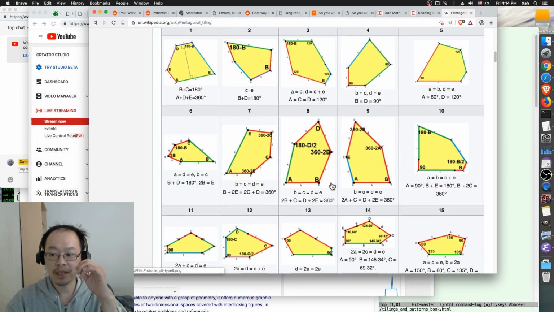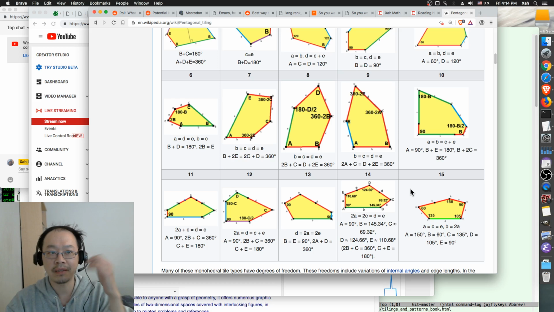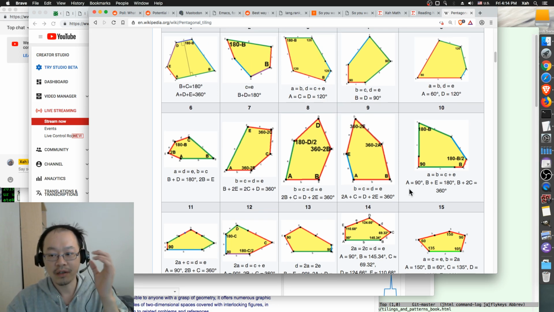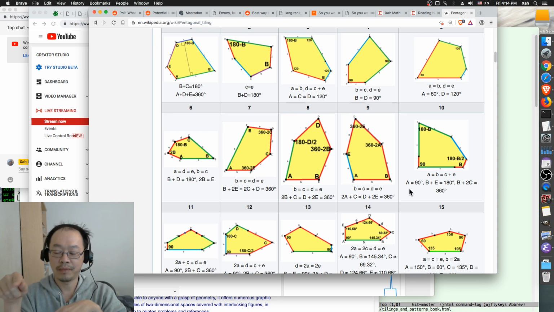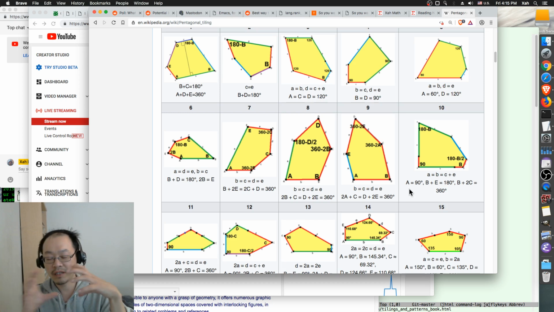The problem is to find all possible pentagons that will tile the plane. And actually, some of these discoveries, like two of them, just happened in the last 2 years.